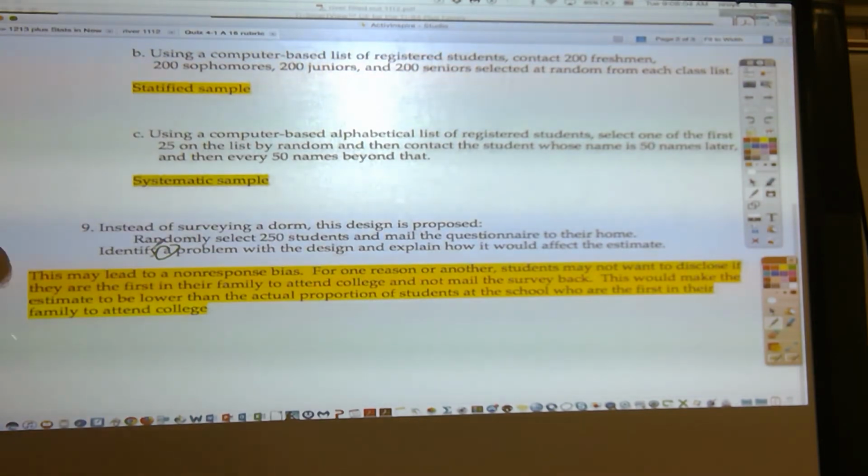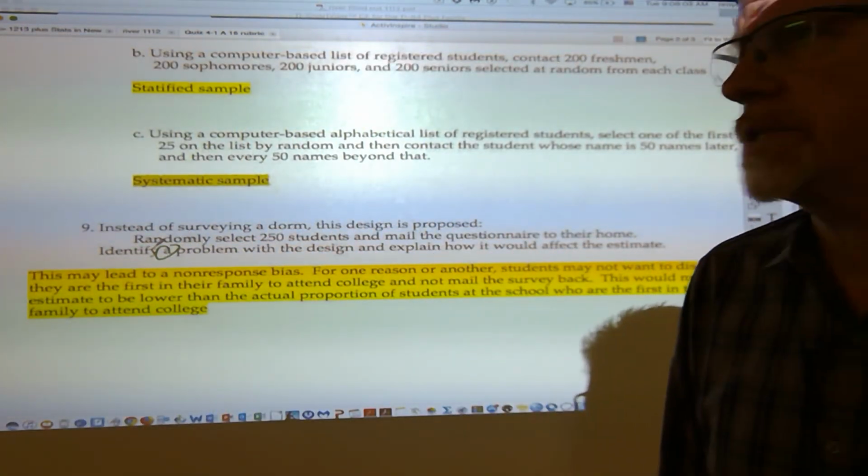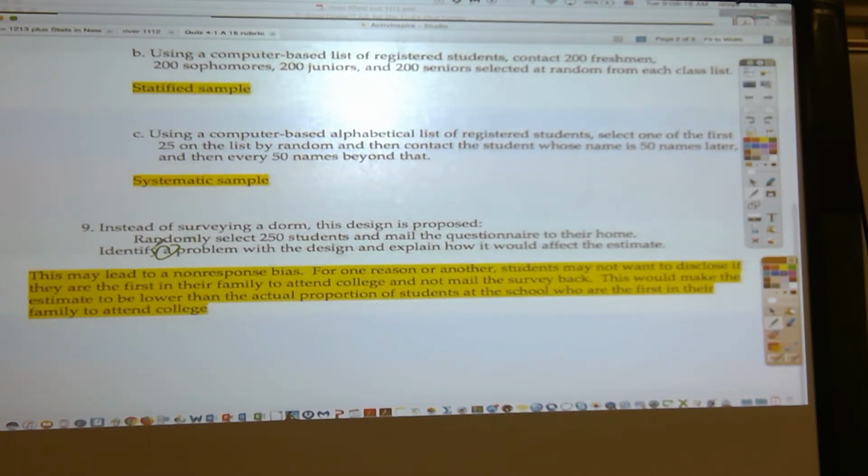All right, so Nick, if I'm understanding your problem correctly, you're wondering if a survey engineer designs a survey that's subject to non-response bias, isn't that essentially a mistake made by the survey engineer? Yeah. Well, it's a good question.